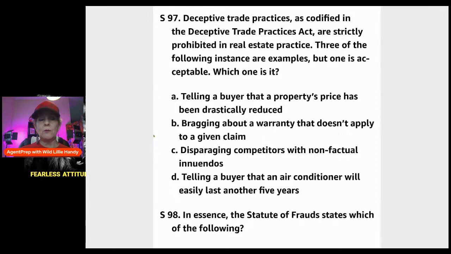B, bragging about a warranty that doesn't apply to a given claim. C, disparaging competitors with non-factual innuendos. Or D, telling a buyer that an air conditioner will easily last another 5 years. So three of the following are examples of deceptive trade practices. Which one is not?